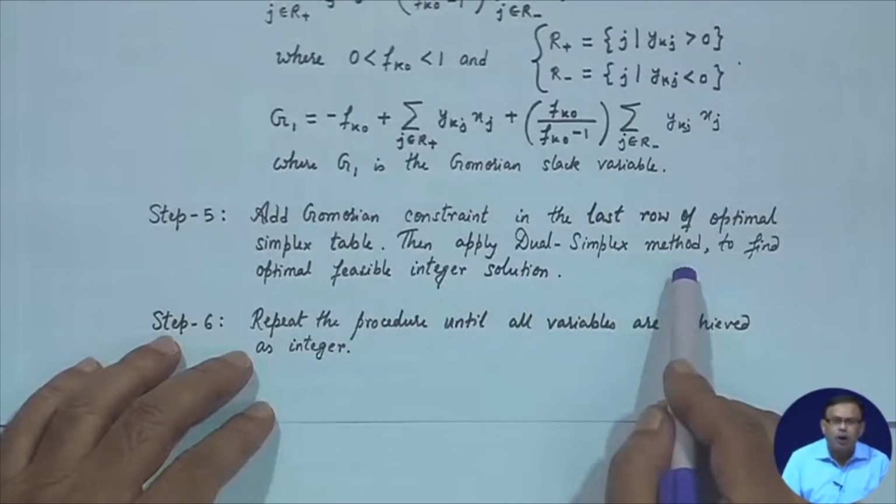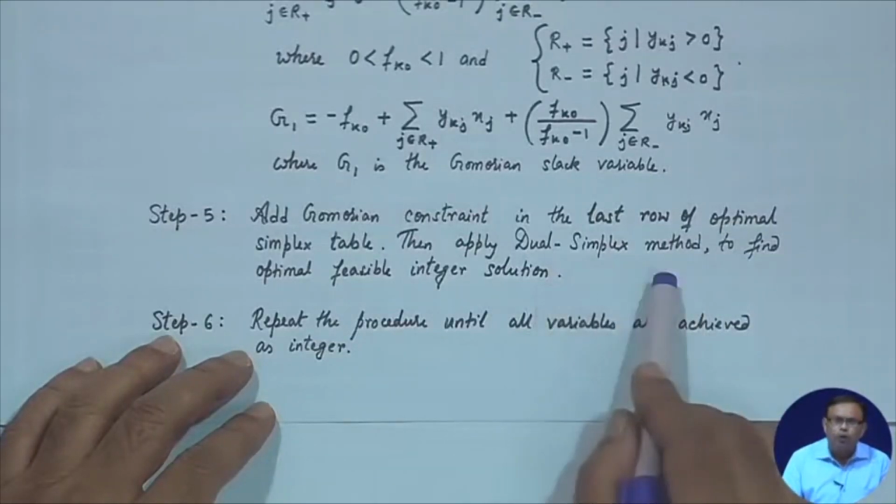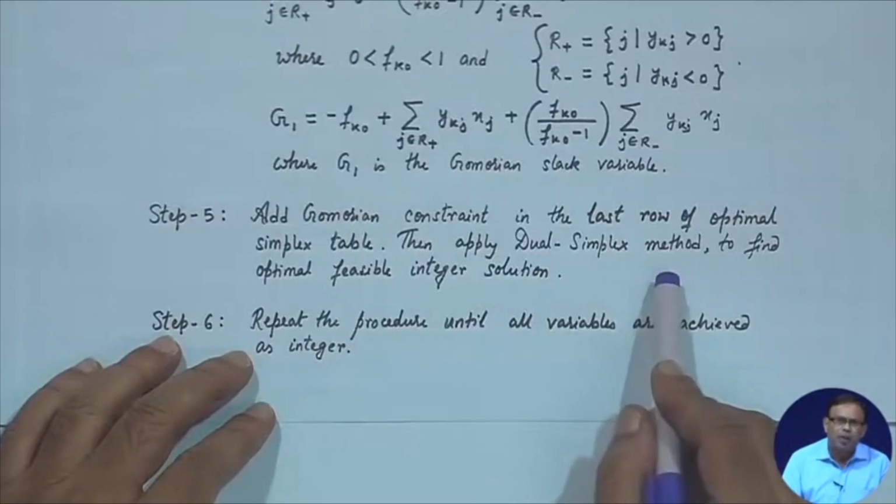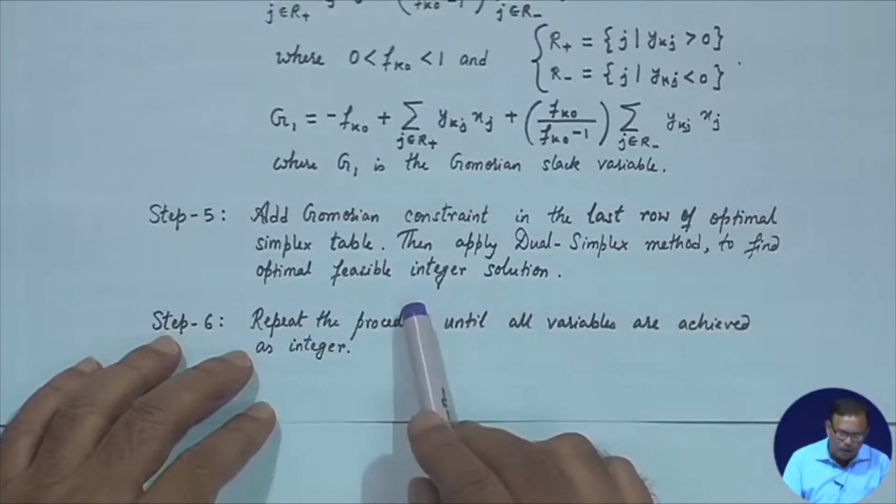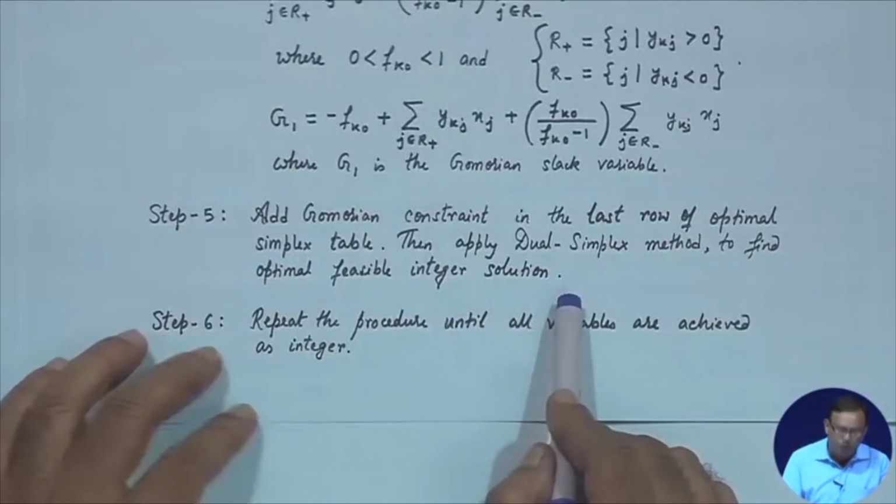Already I have explained, I have to use the dual simplex method because the basic variable which will enter will have a negative value. Therefore, to find the departing vector and entering vector, I have to use the dual simplex method, which we have discussed earlier, to find the optimal feasible integer solution.